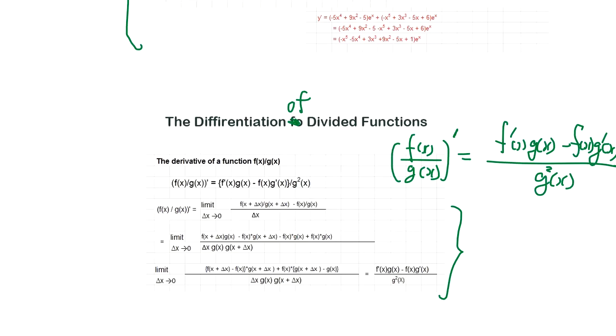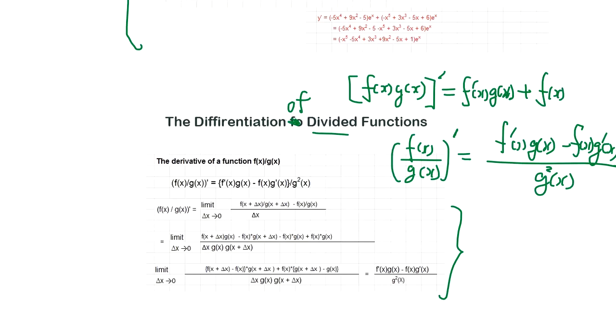Probably, for the divided function, before that we should have multiplication. The slope function of multiplication is going to be the slope function of f(x) times g(x) plus f(x) and the slope function of g(x). So that's going to be this. Okay, so you can try to prove this too.